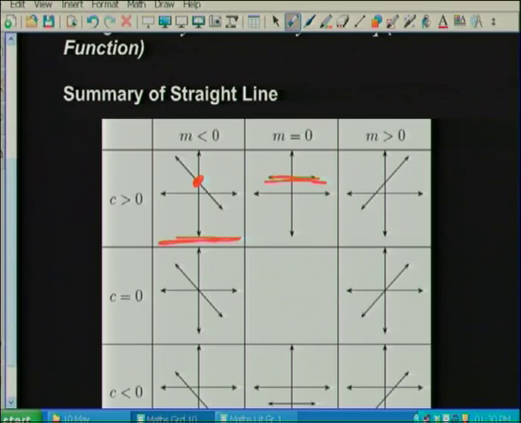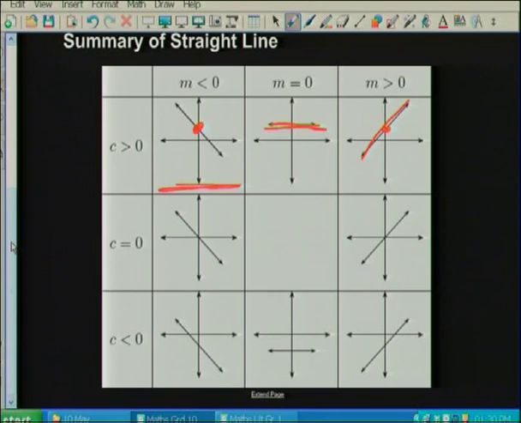The next graph has got a gradient of 0 because it is parallel to the x-axis. This graph over here has a positive gradient and a C value that's obviously greater than 0, once again because its y-intercept is on the positive y-axis.